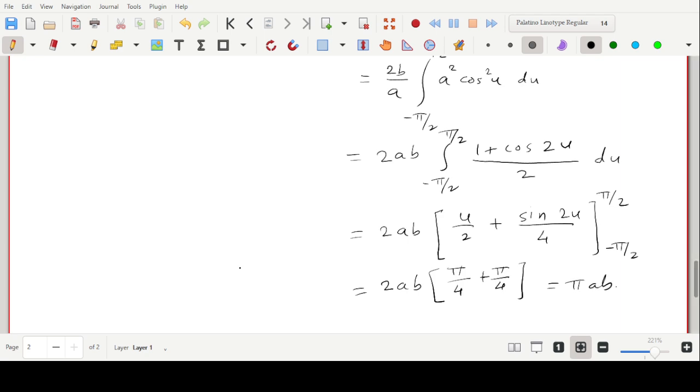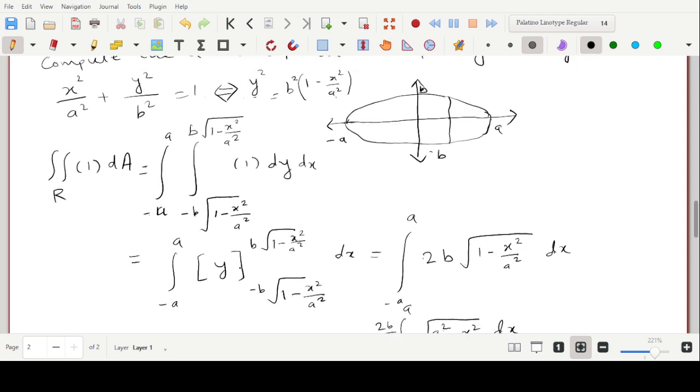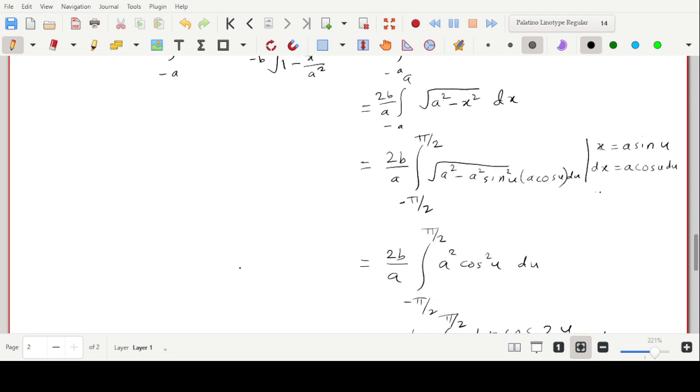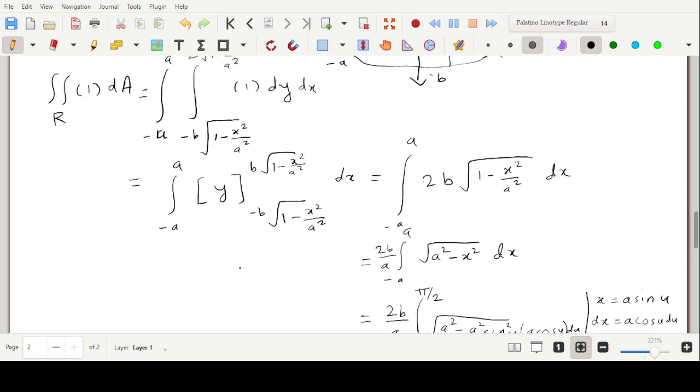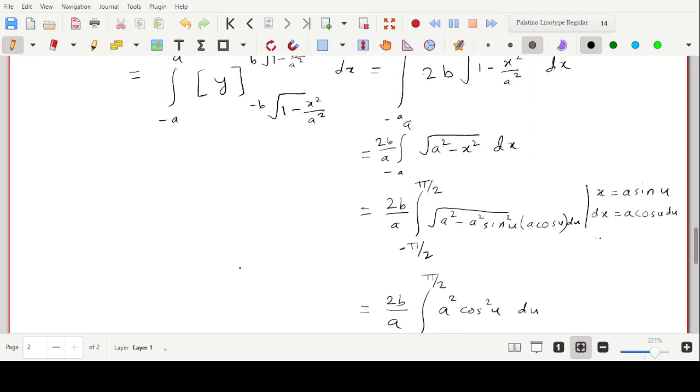So that matches with what we know, that the area of the standard ellipse given by this formula is pi ab, and we have actually computed it using double integrals. So that matches with our intuition and our prior knowledge.